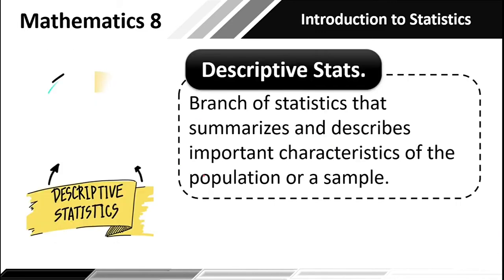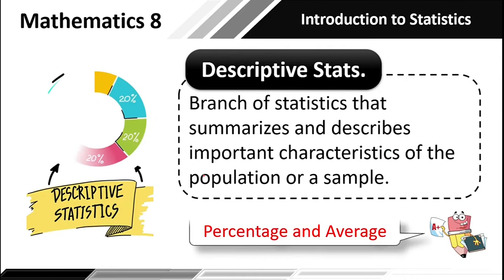Now let's discuss the two major branches of statistics. The first one is descriptive statistics. Descriptive statistics is a branch of statistics that summarizes and describes important characteristics of the population or a sample. It uses percentage and averages.